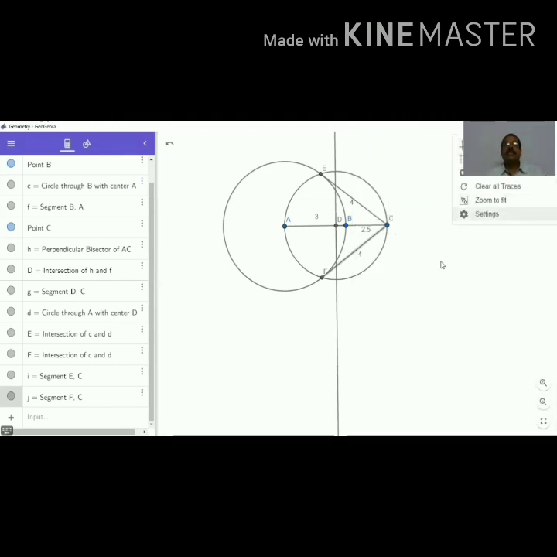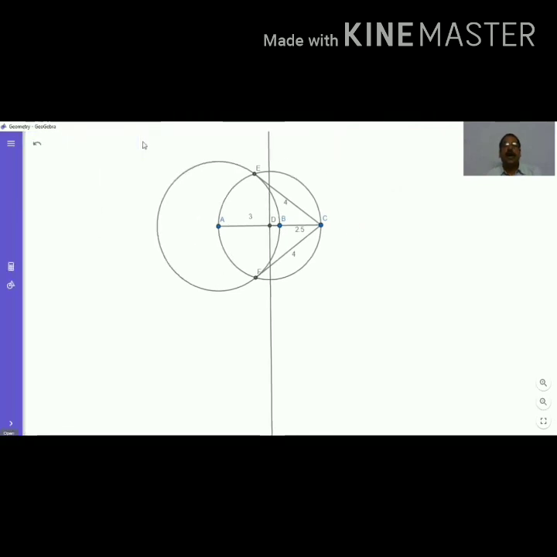So EC equal to FC equal to 4 centimeters. Now this is the construction, two tangents drawn from an external point C. CE and CF are the two tangents drawn from an external point with center A. Understand?